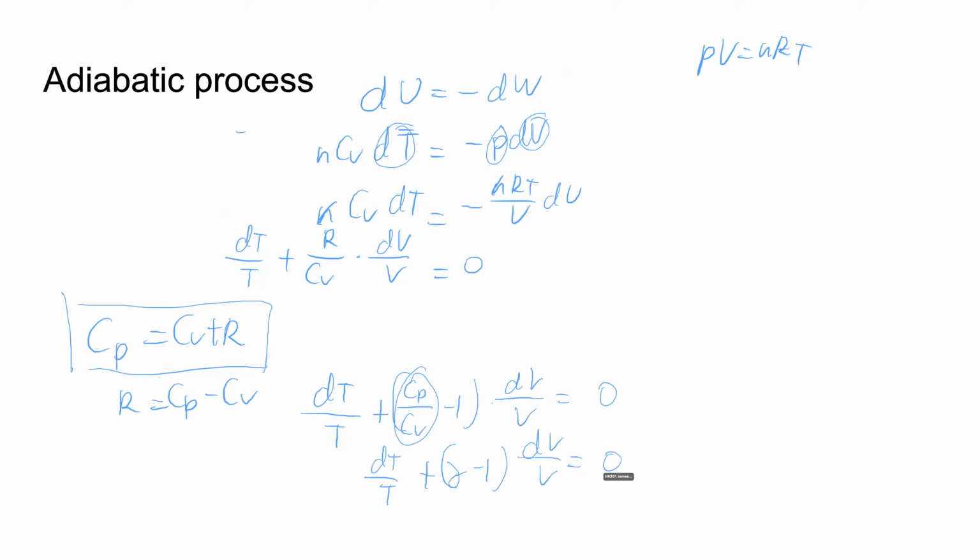If you integrate both sides, we have ln T plus (sigma minus 1) ln V equals some constant.